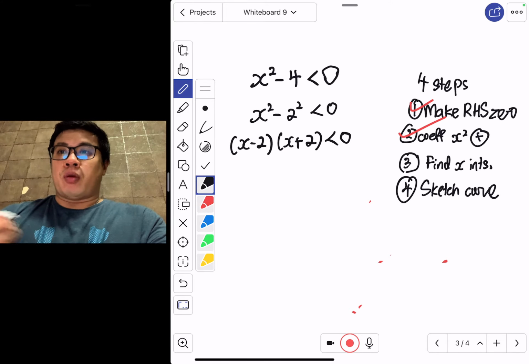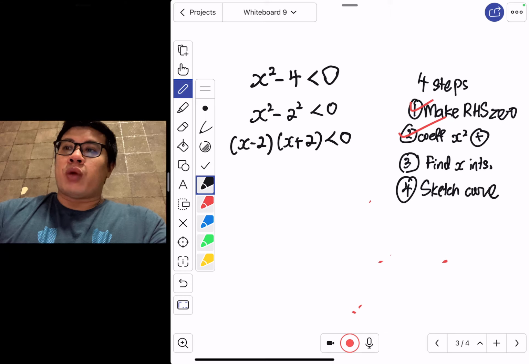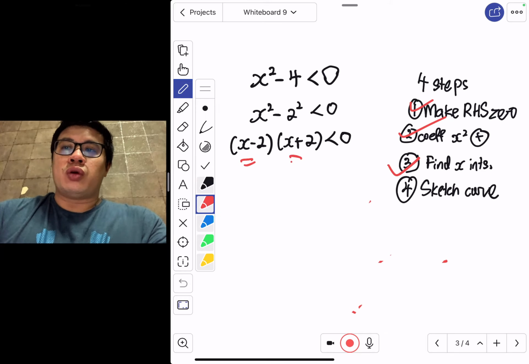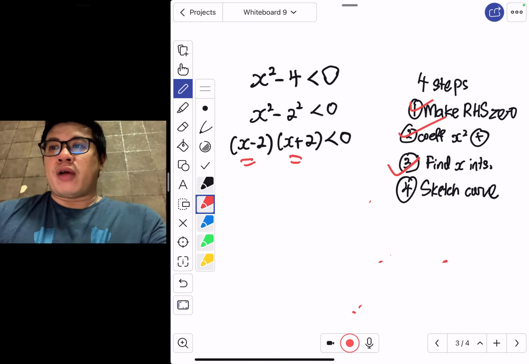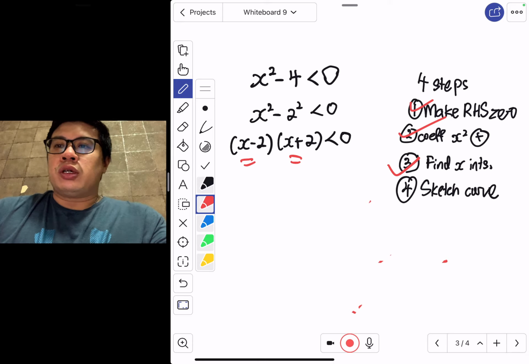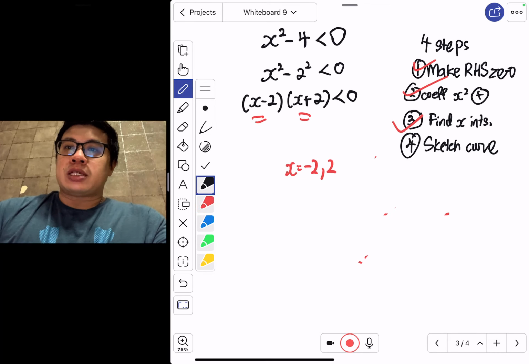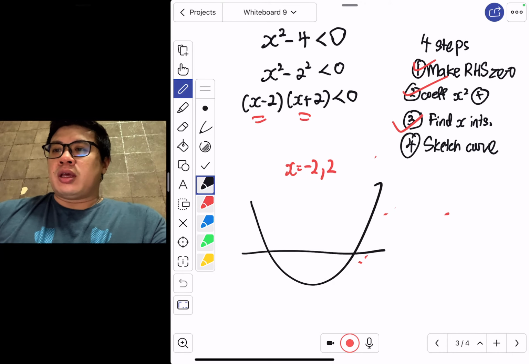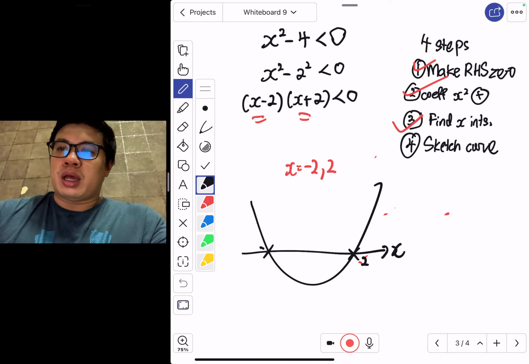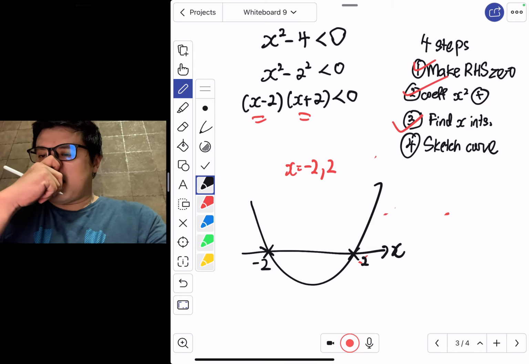Next up is when you find the x-intercepts. If you equate it to 0, the x-intercepts are basically negative 2 and 2. Last step, we sketch the curve, with the x-axis, and I have 2 and negative 2 as my x-intercepts.